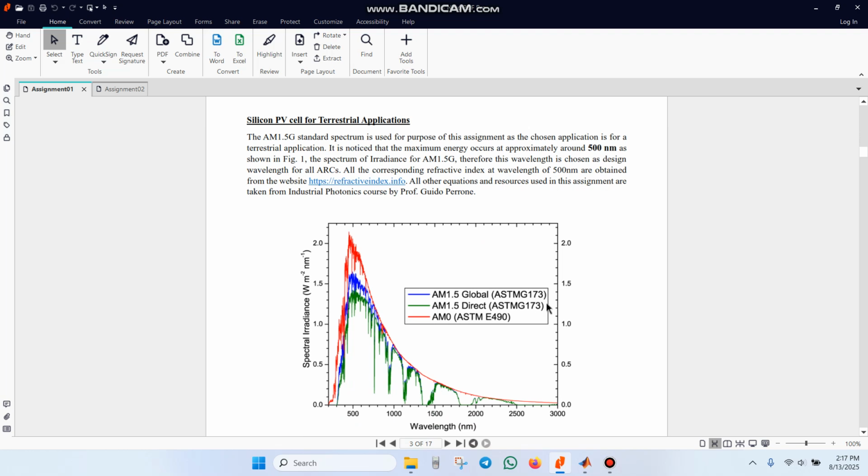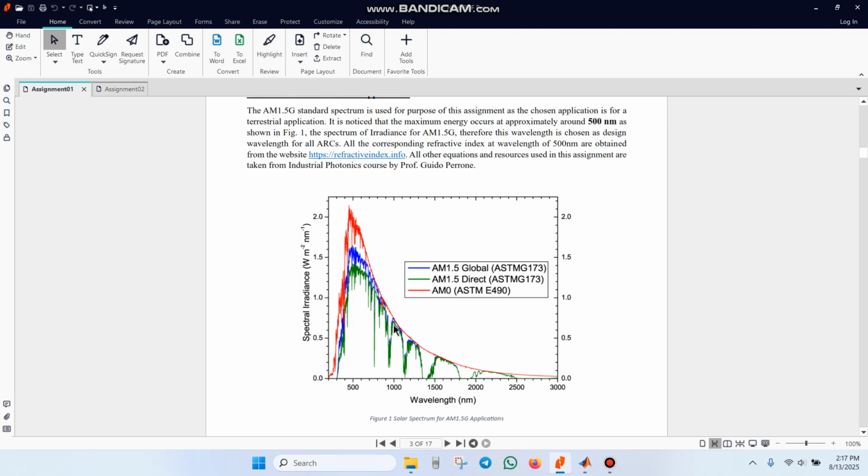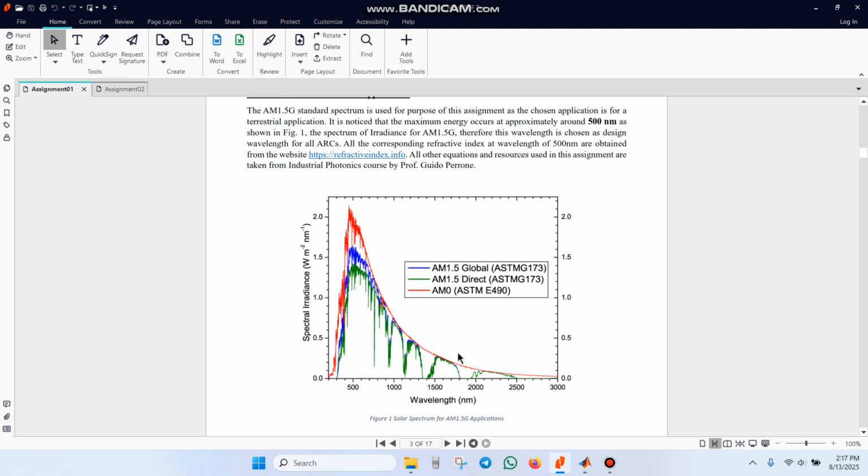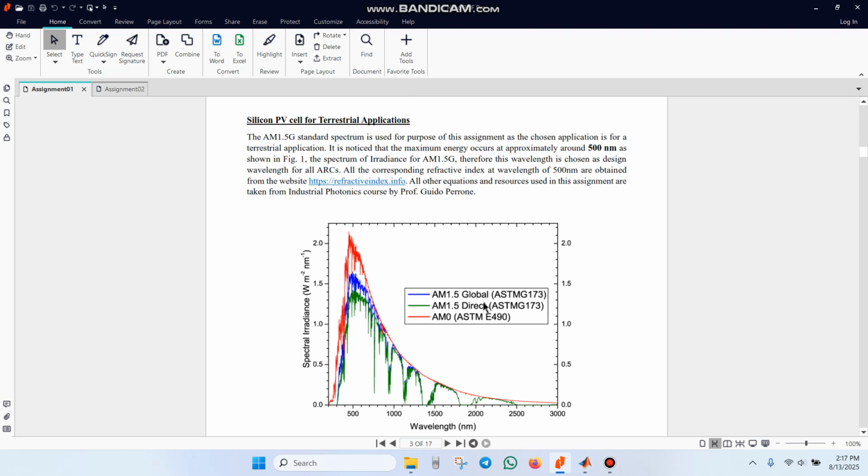Before we start, I just want to cover this AM 1.5 global reflectivity spectrum that you see. The anti-reflection coating that we will design would be compared to the AM 1.5G spectrum. Because we are considering a terrestrial application, we are selecting AM 1.5 instead of AM 0, which is for space.